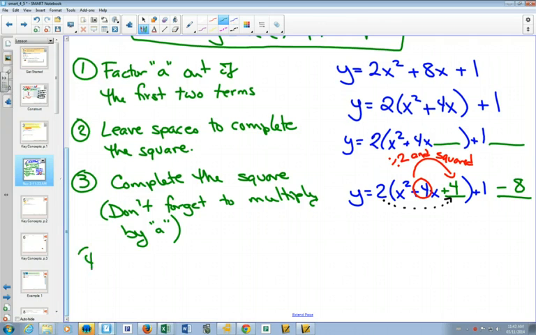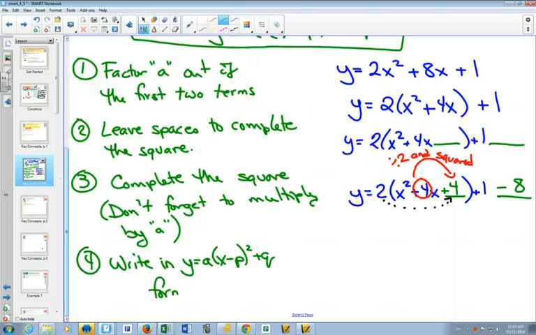Finally, step 4, we can now write it in y equals a(x minus p) squared plus q form. Because by completing the square, x squared plus 4x plus 4 is the same as (x plus 2) squared.